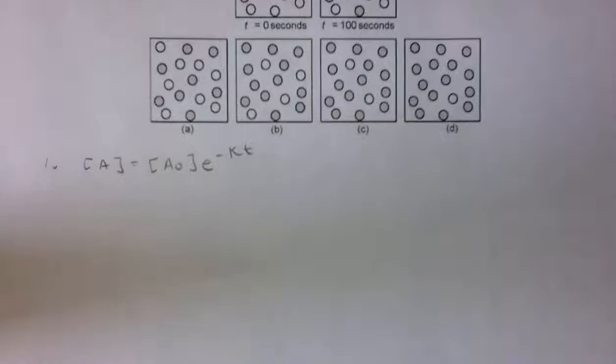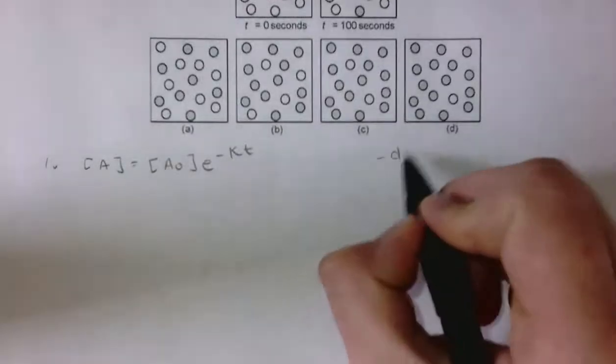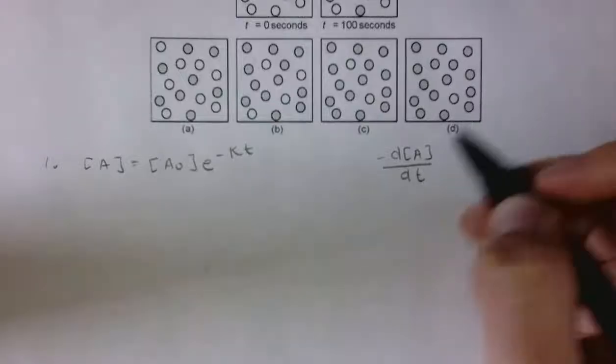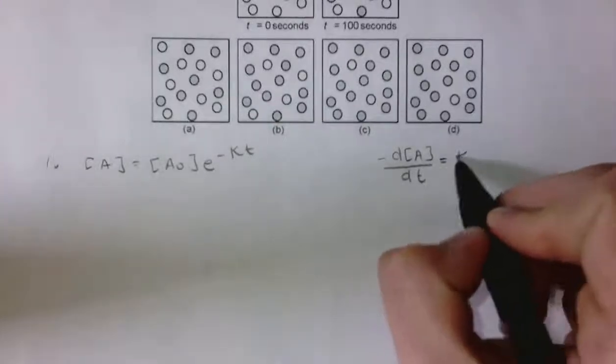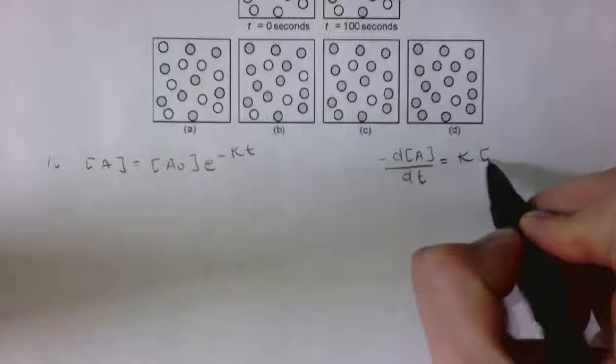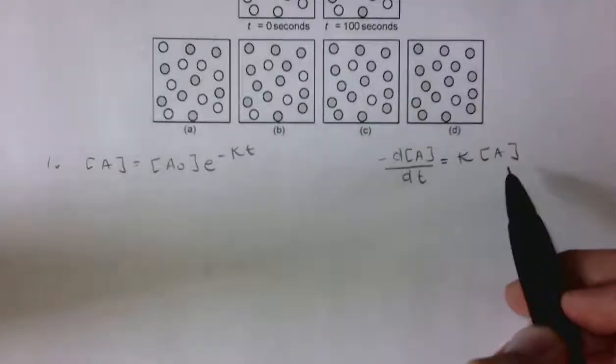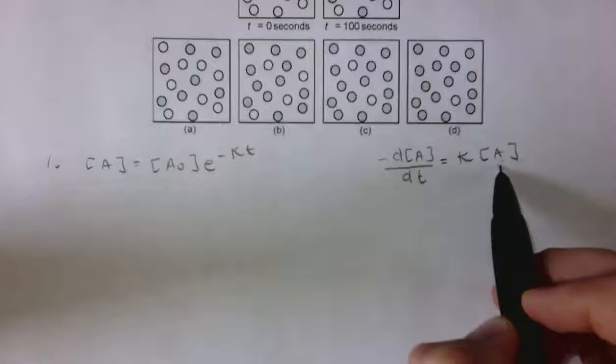So we know that the rate of disappearance of A, which is represented by negative dA dt, equals k, our rate constant, times our concentration of A. And we know it's proportional to just our concentration of A, because it is a first order reaction.